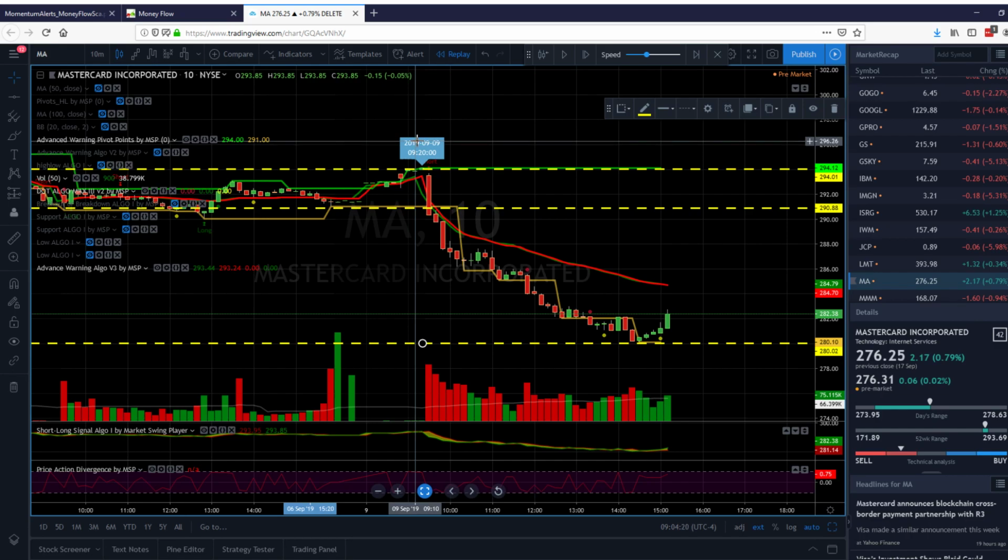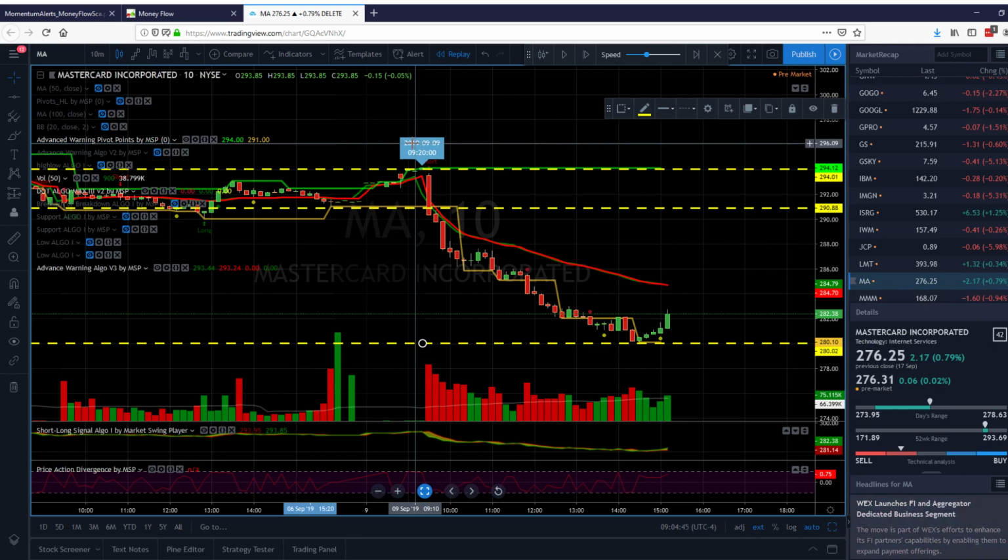And in this scenario, it did. In the Amazon scenario, it did not. It price chopped in a range for about an hour before it actually tested that resistance. But this price action, it dropped immediately, okay? And it did hit the target.